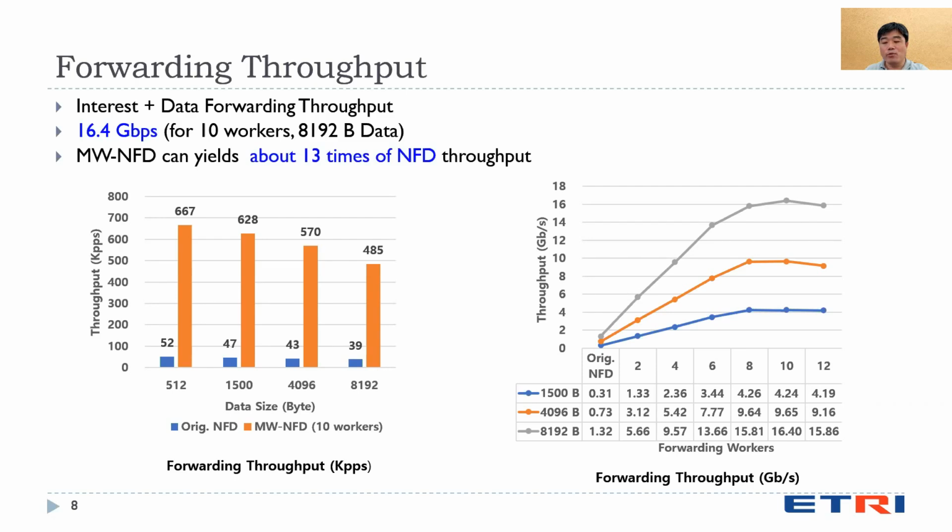This saturation is due to the performance limit of the 2 input cores. If more physical ports are used and the server has additional cores, the maximum throughput can be linearly increased proportional to the number of ports. In this demo, MW-NFD can yield about 13 times the NFD throughput.